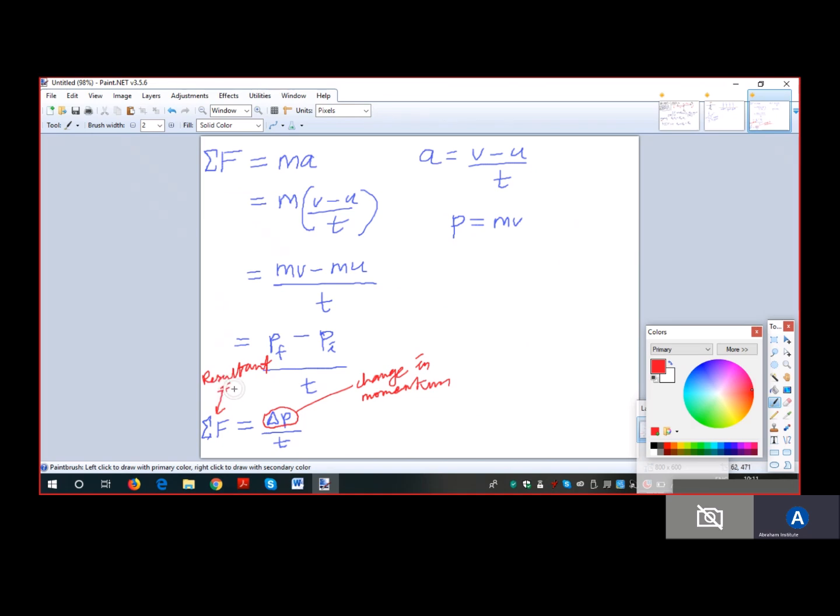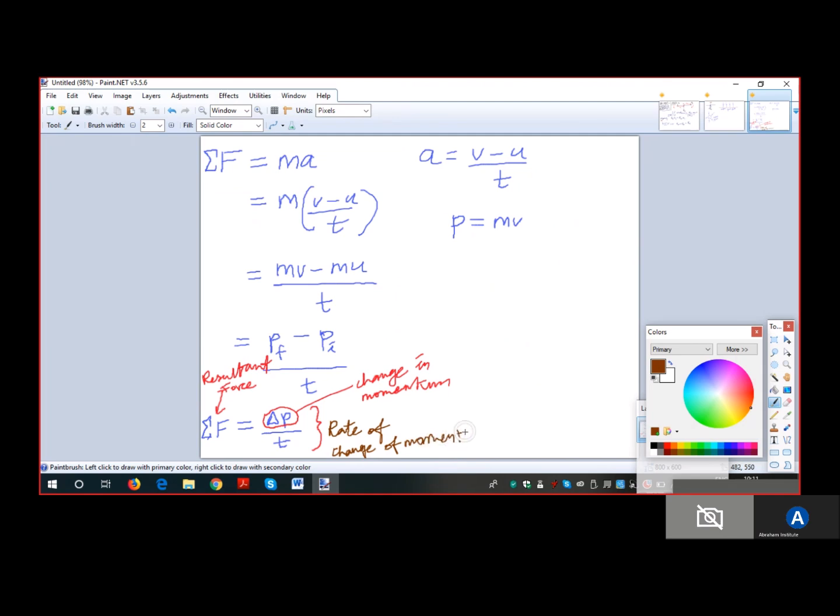So resultant force. Then this whole thing here is again the resultant force, because this whole thing is equal to the resultant force. But what is this? Change in momentum over time. That is the rate of change of momentum.